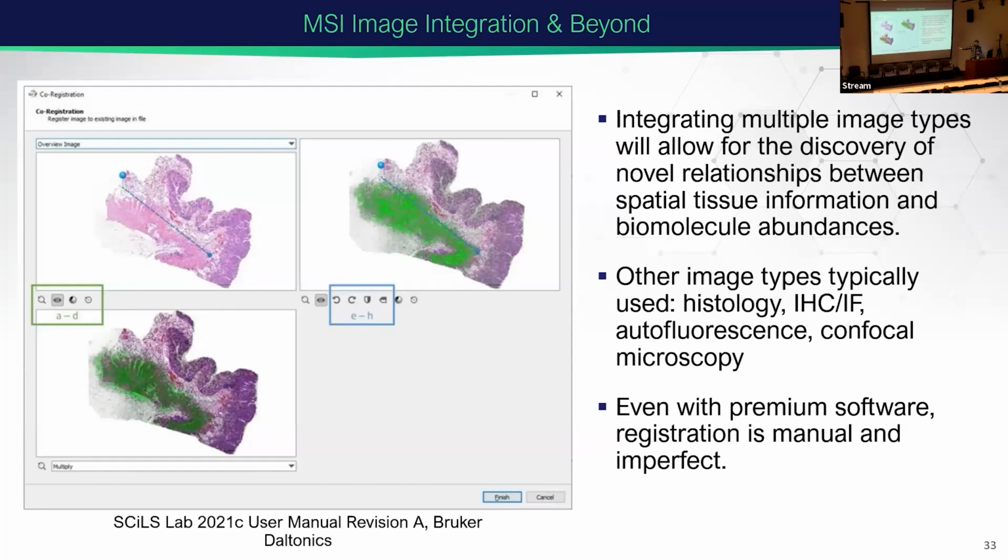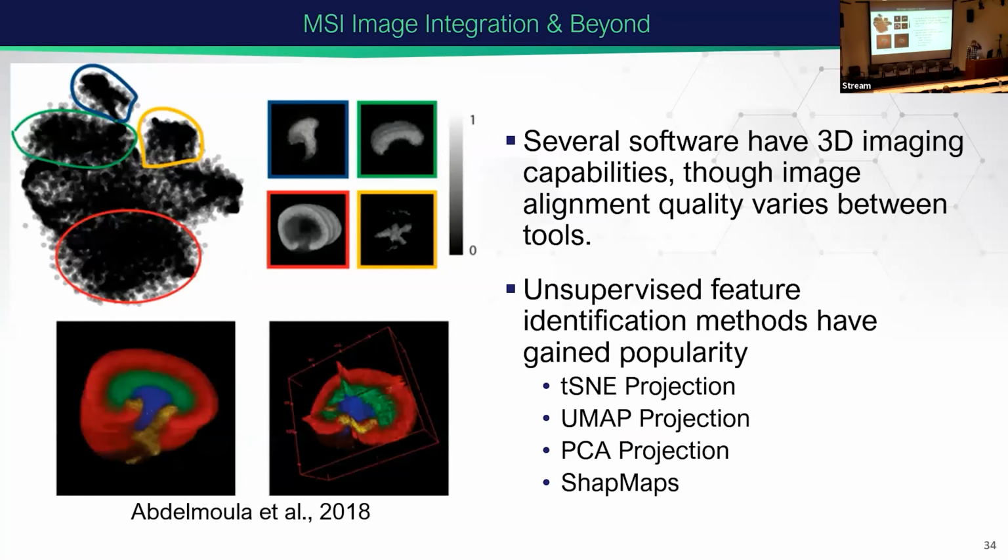That is just one approach. People are also putting immunofluorescent images and mass spec imaging together. Any sort of imaging technique where you get a tissue, you can technically integrate. So this is a very obvious area of development: autofluorescence, confocal microscopy. We're going crazy out here. There are lots of different techniques. Another one is to use these softwares to identify these regions, like I was mentioning before, in the construction of 3D images.